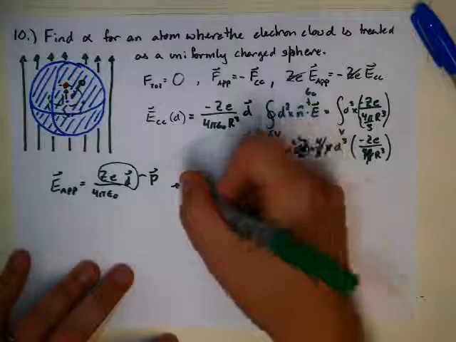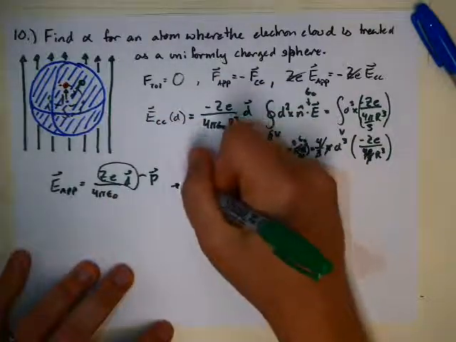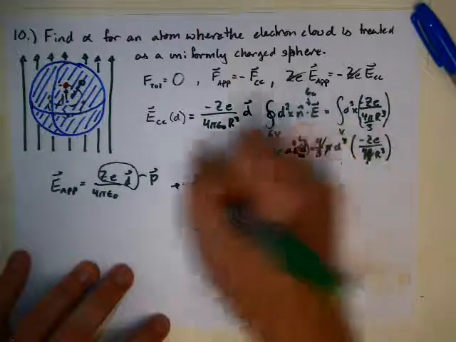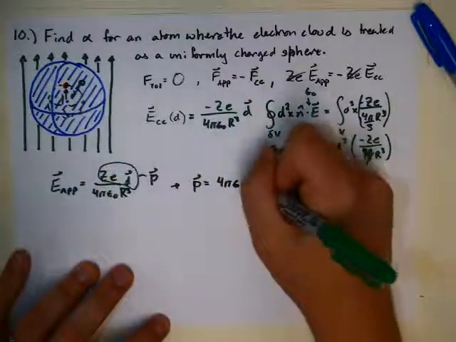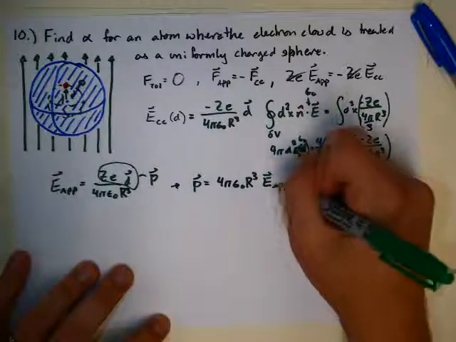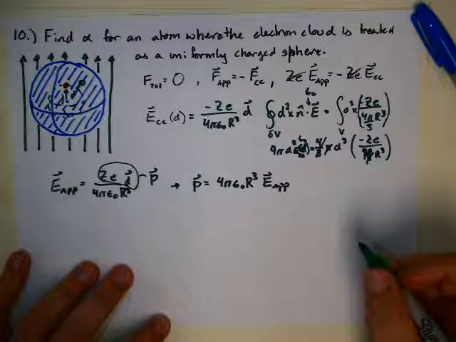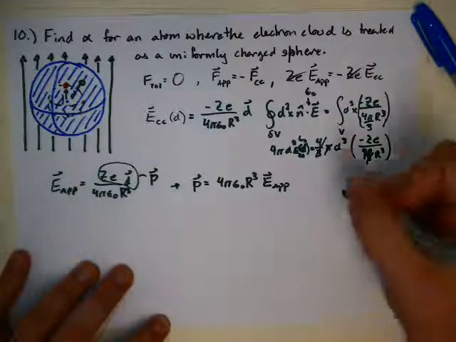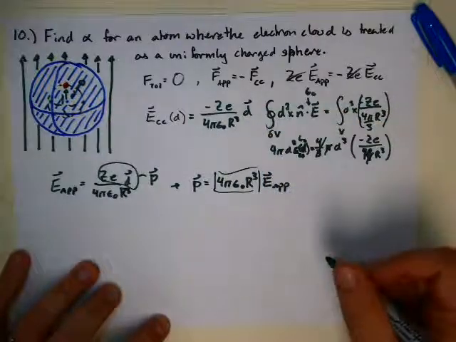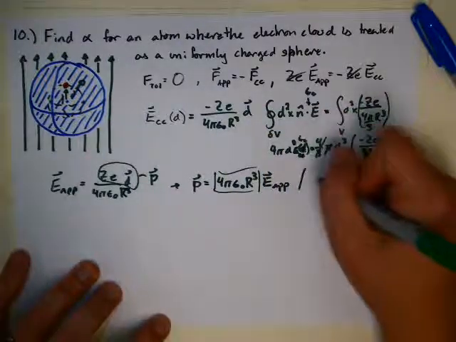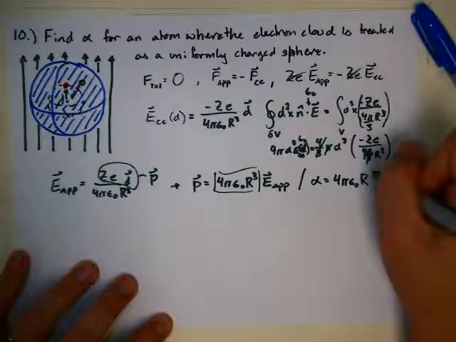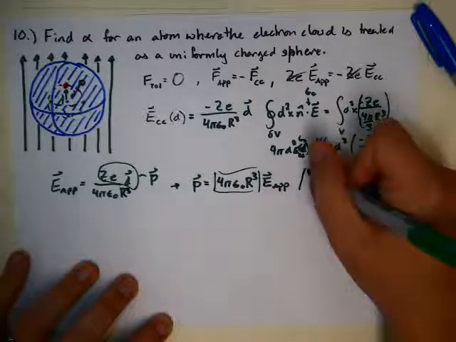Solving for the dipole moment p, p is equal to 4 pi epsilon naught R cubed times the applied electric field. From this, we recognize what the polarizability is: it's the expression that multiplies the field. So the polarizability is 4 pi epsilon naught times R cubed.